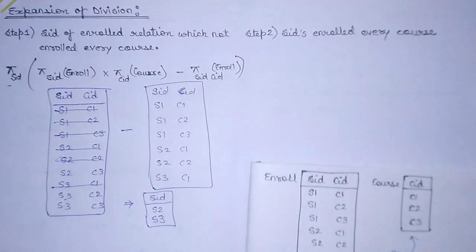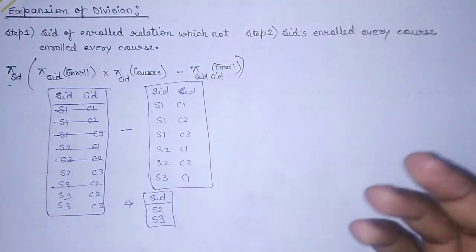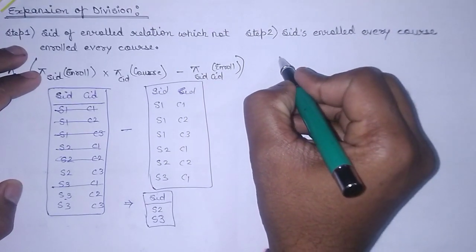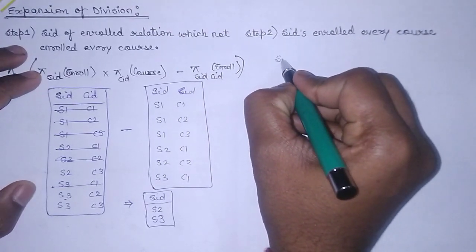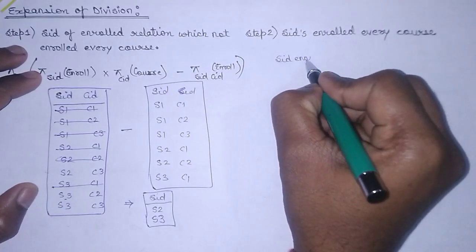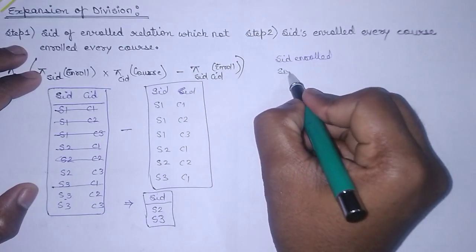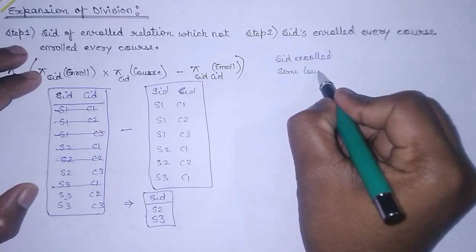Now we have to go with the second step. So what is the second step? If I want to find out the student ID enrolled in every course, then what can I do? I already told you that first of all we have to find out the SIDs enrolled in some course.